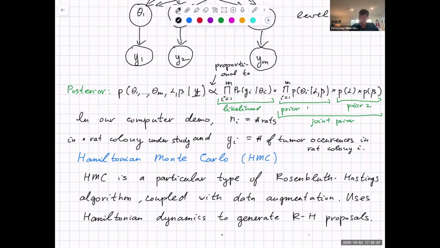So in this setting, basically what happened is it's an experiment that scientists were running. They had these animal model rats in particular. They had multiple cages or enclosures with them, and they were studying the effect of different genes on tumor occurrences, right? So they are trying to understand the mechanics of cancer using rats. In each colony they counted after some time period how many tumor occurrences they observed, but the number of rats was different because it's very messy when you work with animals.